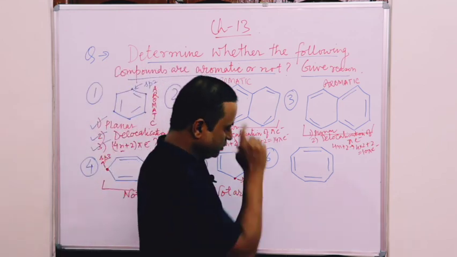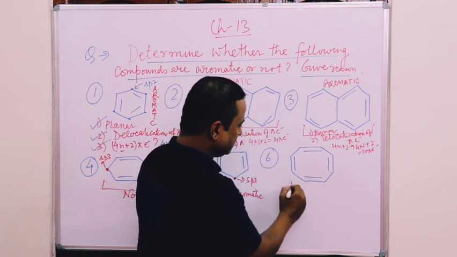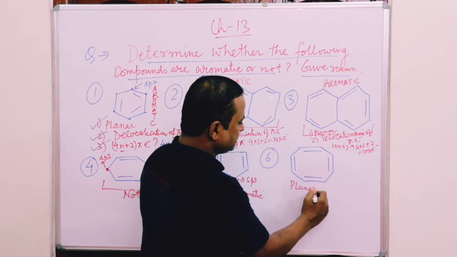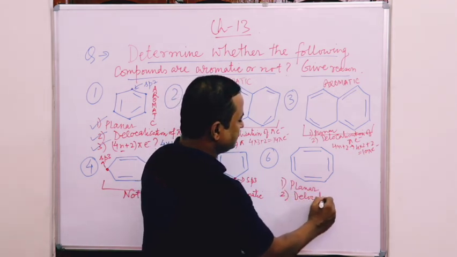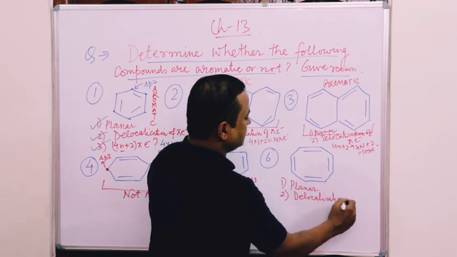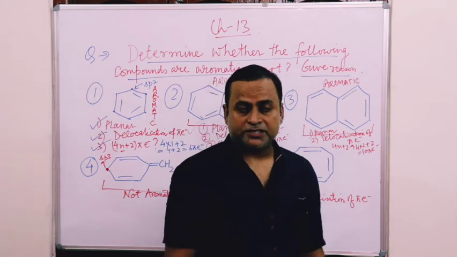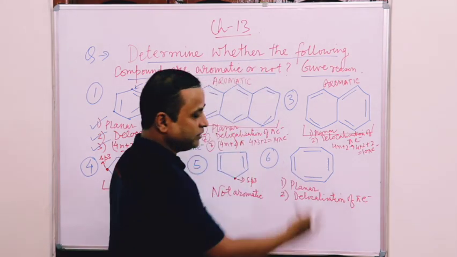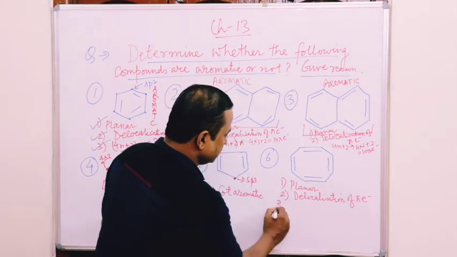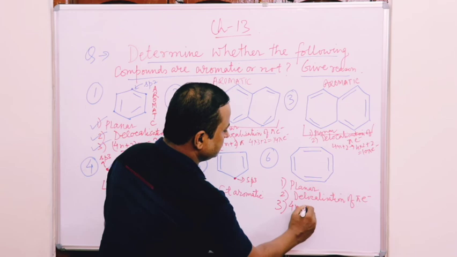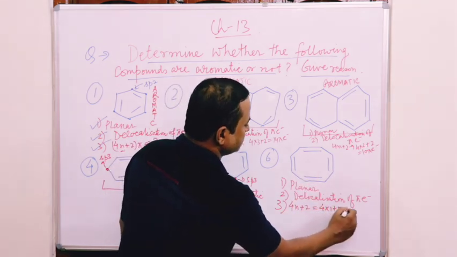Next, let us come to this molecule. Obviously all the carbon atoms are sp2 hybridized, so planarity is satisfied there. Second, there is delocalization of pi electron. This condition is also satisfied. Next, the third condition, that is if it obeys Huckel's rule, that is if there are 4n plus 2 pi electrons, then obviously it will be aromatic. So let's check the third condition, 4n plus 2. This is one ring, so 4 into 1 plus 2, that is 6.